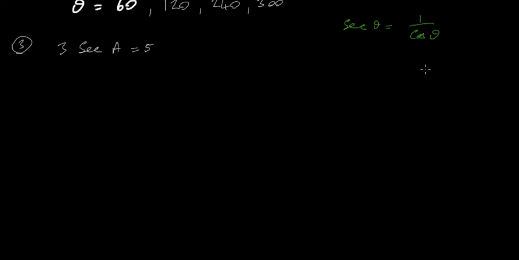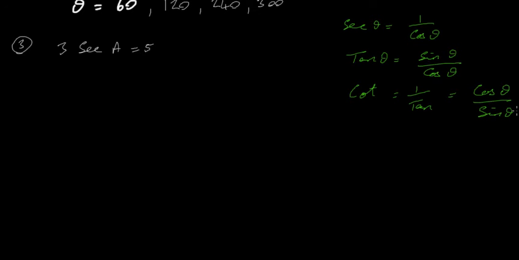It's just the inverse of cos. Tan, another way of writing tan is just sine theta over cos theta. And cot is just 1 over tan, the inverse of tan, which is just the reverse of this, which is cos theta over sine theta, the inverse of this, I should say.